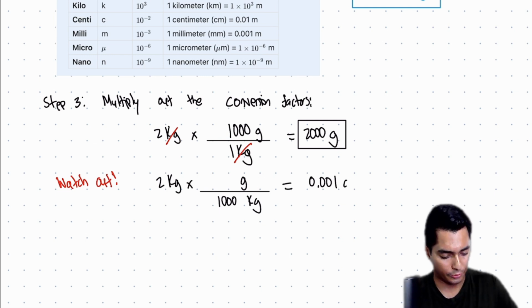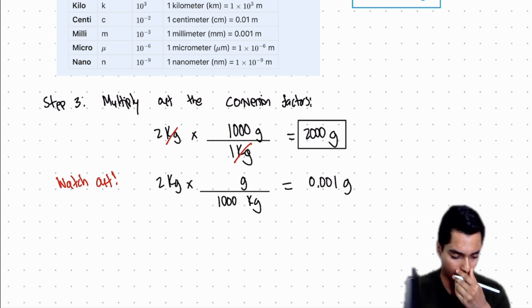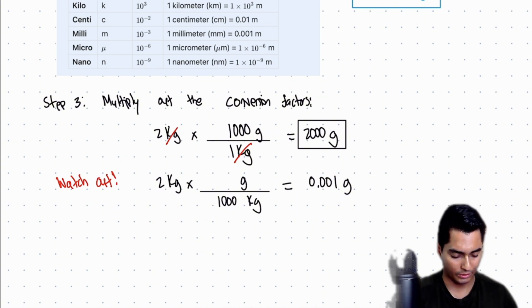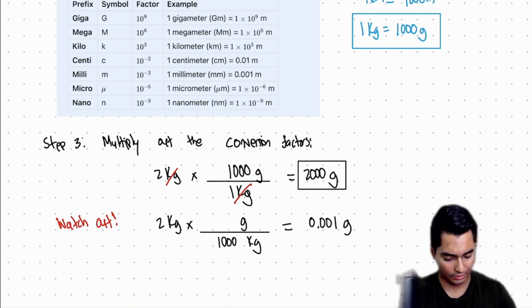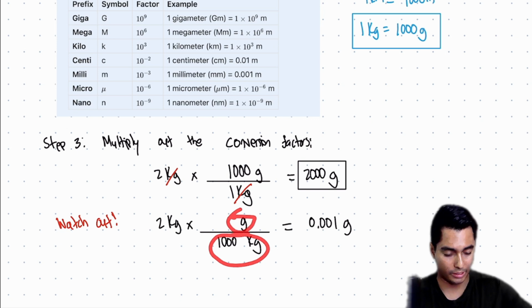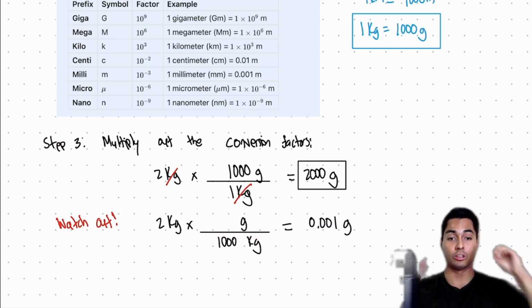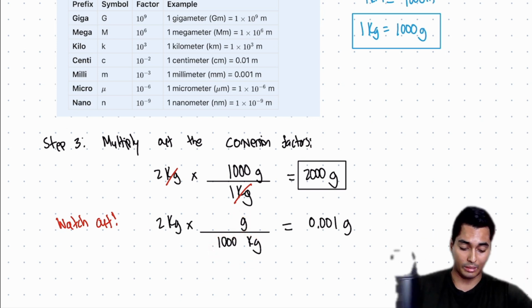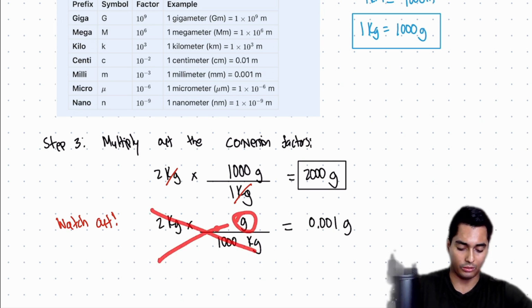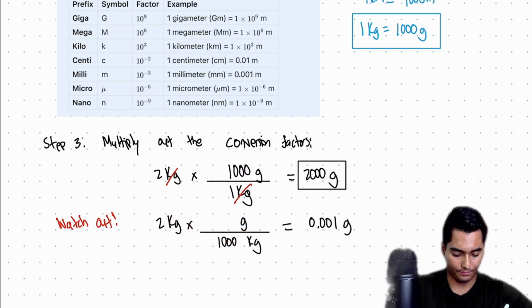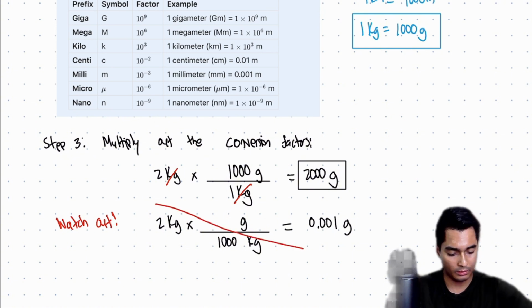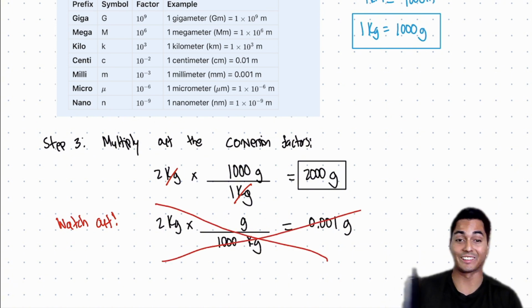Well, notice that in this case, that is not correct. I'm saying 1,000 kilograms per gram. Whoa, that's way off. So try to use some intuition. Does that make sense? 1,000 kilograms is in 1 gram? Dude, 1,000 kilograms is like a lot, right? And then you're saying that's only in 1 gram. So this is not the case, okay? So watch out for mistakes like that. That's how they get you.